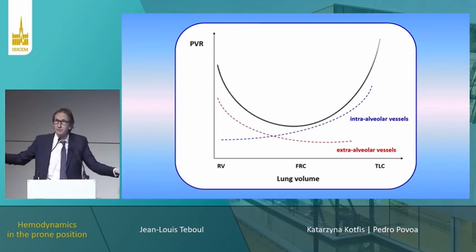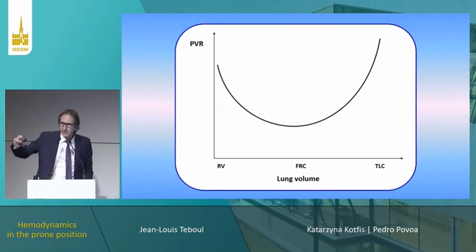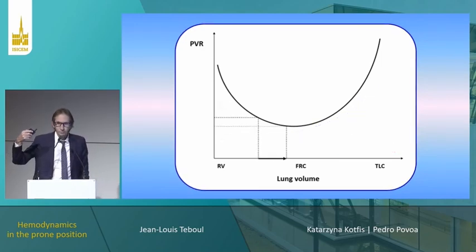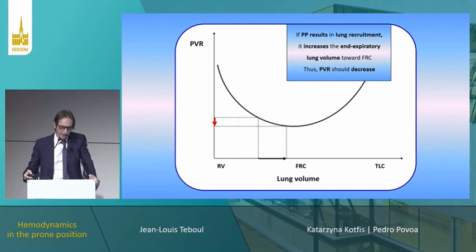The resultant effect is this kind of U-shaped curve, a very classical curve, and the nadir of this curve, the minimal value of the resistance, is at the level of the FRC. Knowing that, if you recruit lungs with prone position, for example, starting from a value of end-expiratory lung volume which is below FRC, you can decrease the pulmonary vascular resistance.